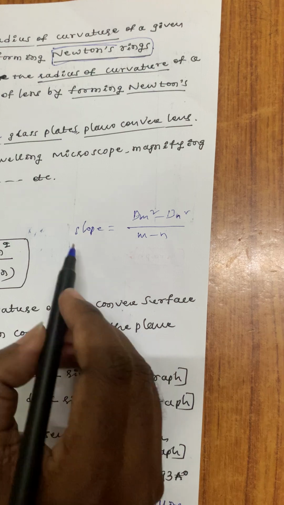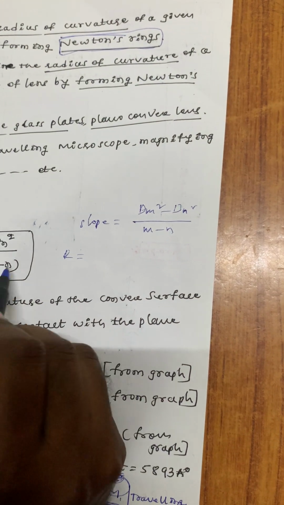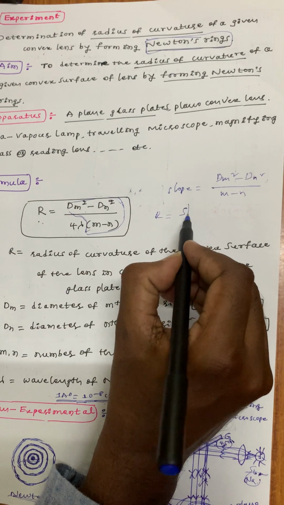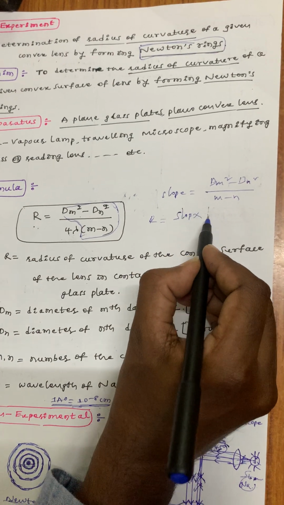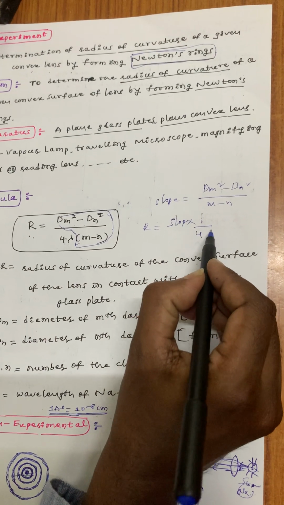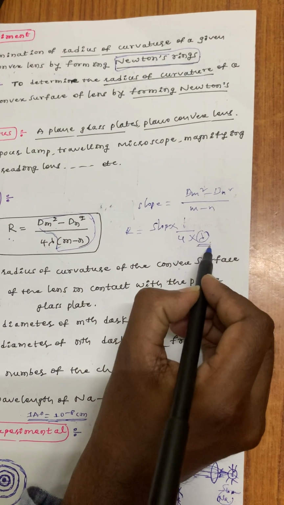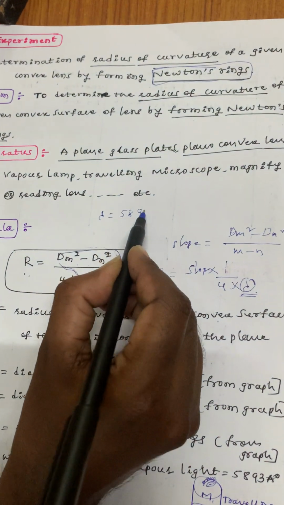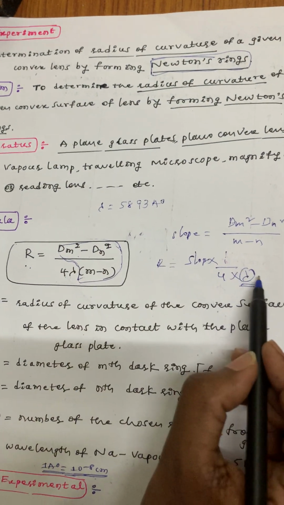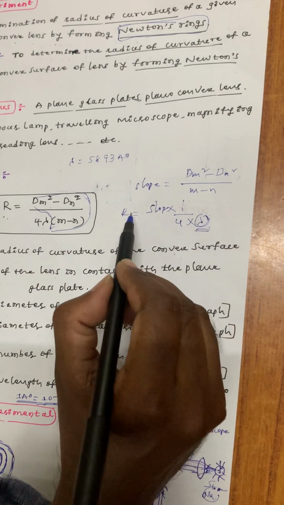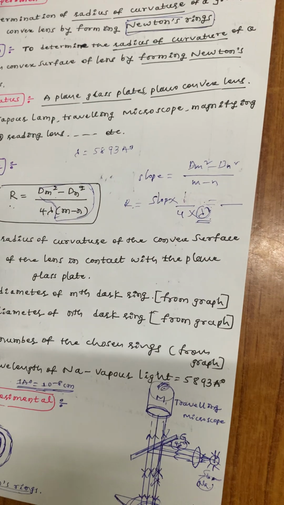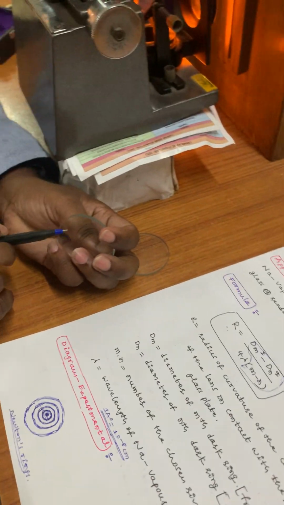So R is equal to slope divided by 4 lambda. What is lambda? Lambda is the wavelength of the sodium lamp, which is 5893 angstroms. You substitute this 5893 angstroms here, and then you calculate to get the radius of curvature of the plano convex lens.